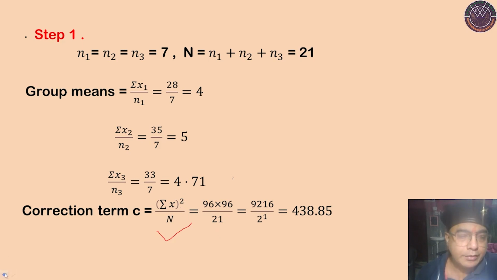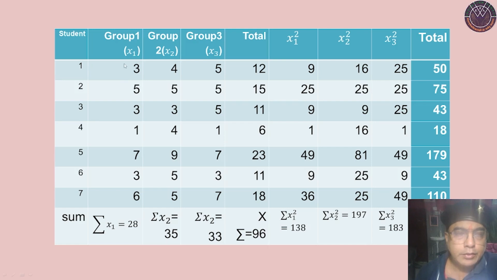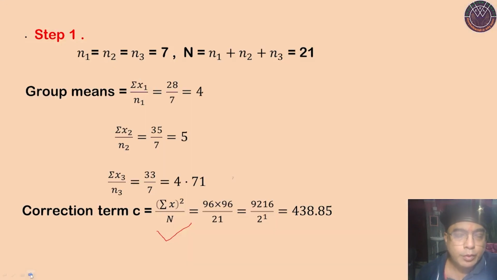If you add all the x, 3 plus 5 plus 3 plus 1 and so on, all these three columns, or 28 plus 35 plus 33, you will get 96. Square that term, 96 into 96 divided by 21, and you will get the correction term, which is 438.85. So this is the first step.